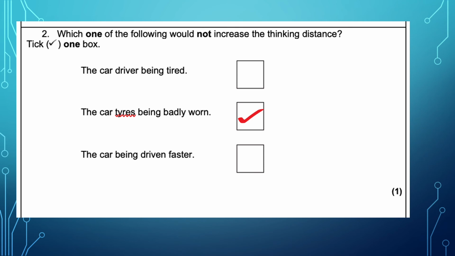So that one is out. And between the second and the third one, the car being driven faster affects both thinking and braking distances. So it still applies to thinking distance. The only one that doesn't apply to thinking distance is the car tires being badly worn. That only affects your braking distance. Okay.